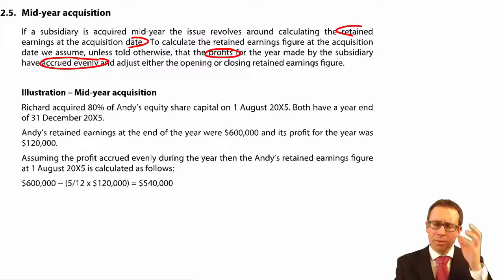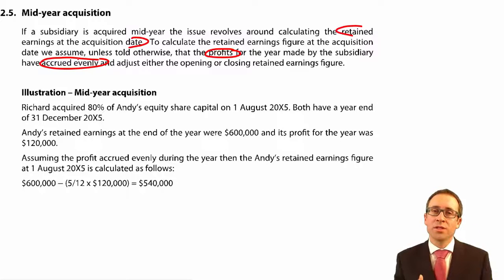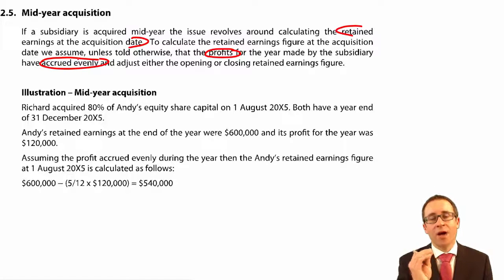Sounds tough. It shouldn't appear too much within all of the questions. It may be one question, and again, you spot it by seeing the acquisition date, and that acquisition date is somewhere mid-year. There's just a little illustration just underneath. Hopefully it will all make sense there.